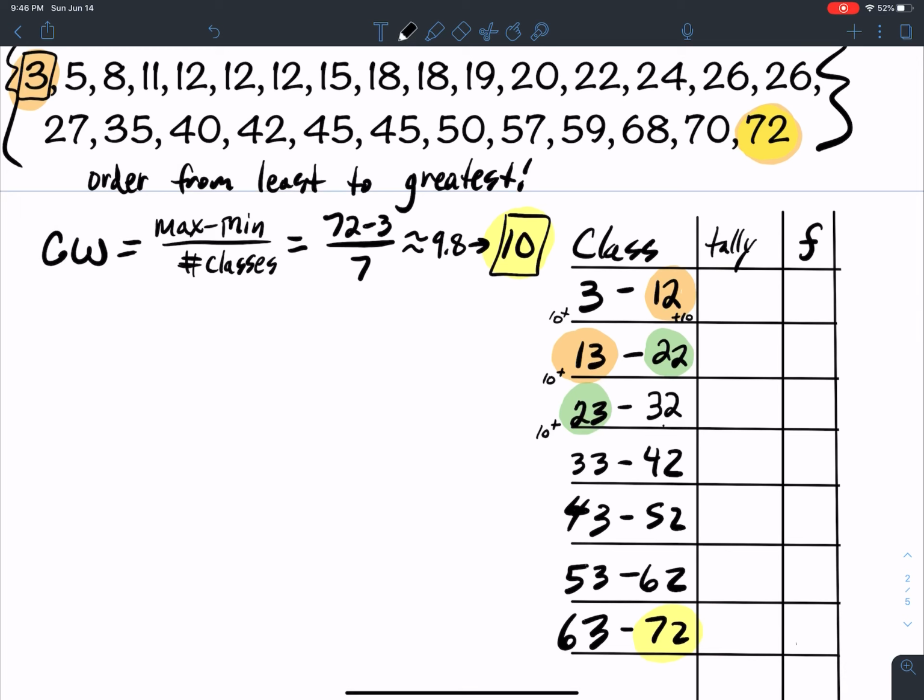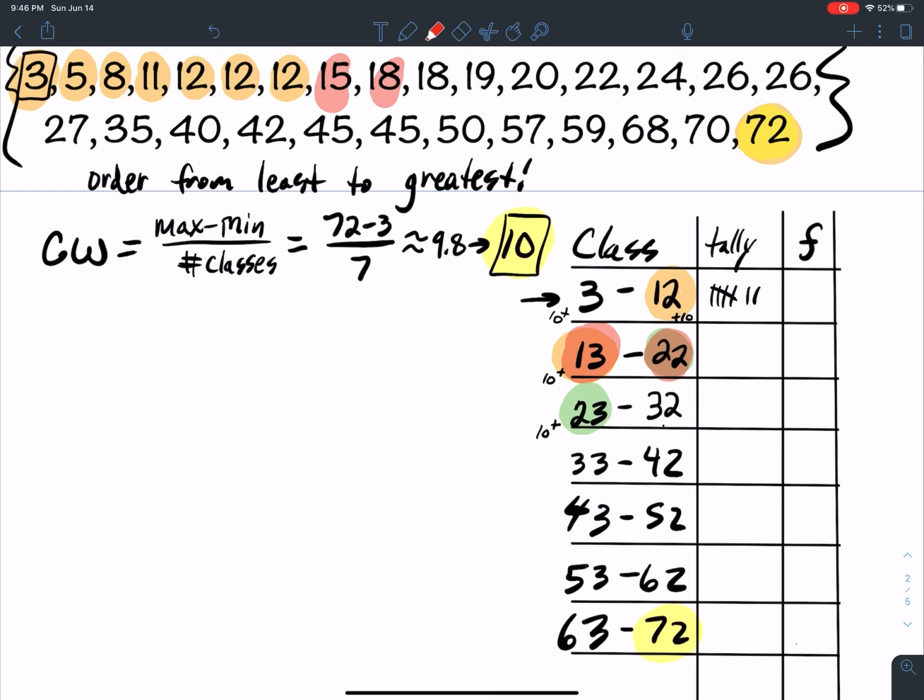Let's make tally marks for each data point. So the first class goes from 3 to 12. So 3 to 12, I got 1, 2, 3, 4, 5, 6, 7. The next class is from 13 to 22.